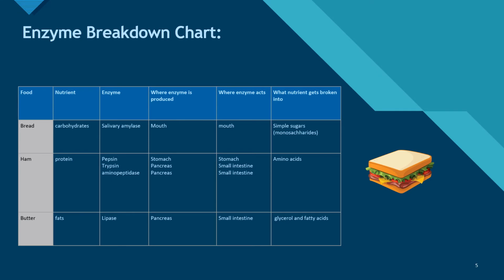Now we took a look at this enzyme breakdown chart. So if you remember, we talked about a lot of different types of enzymes, but the main ones that I wanted to focus on were the ones that help break down carbohydrates, proteins, and fats. So those are things for the carbohydrates like salivary amylase. For protein, it's things like pepsin or trypsin, and then for fats, the only one is lipase.